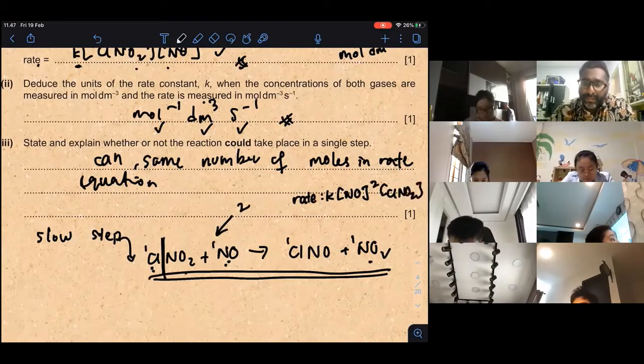Please remember this: it will automatically follow the slow step. Normally we don't refer to the actual equation, it depends on the experimental data, but the rate equation follows the slowest step.